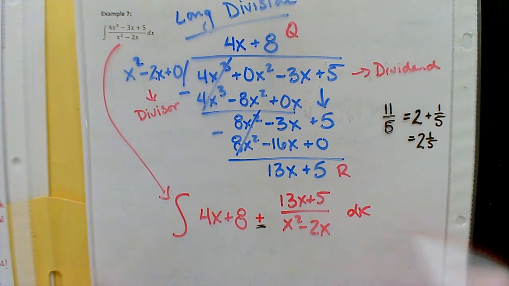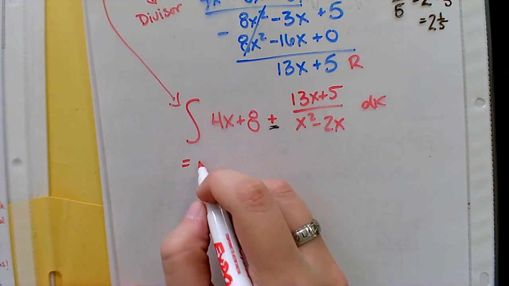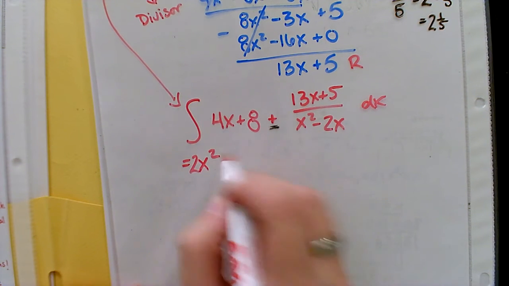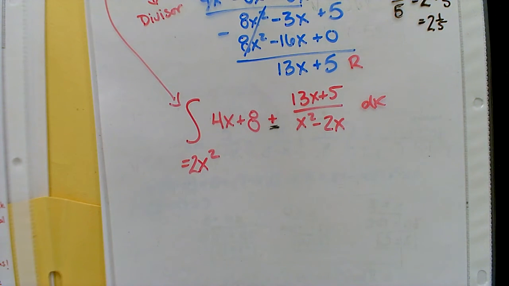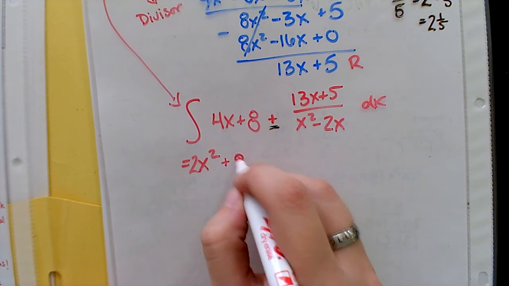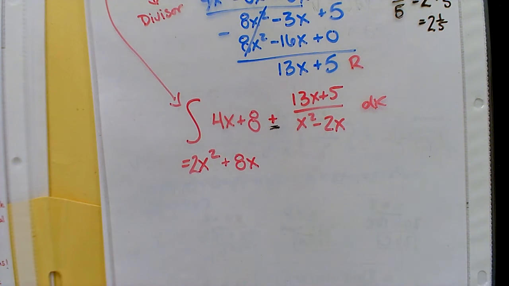Let's go ahead and see if we can work backwards from what we have now. So backwards from 4x, we'd have a 2x squared. Backwards from 8, antiderivative, we would have 8x.